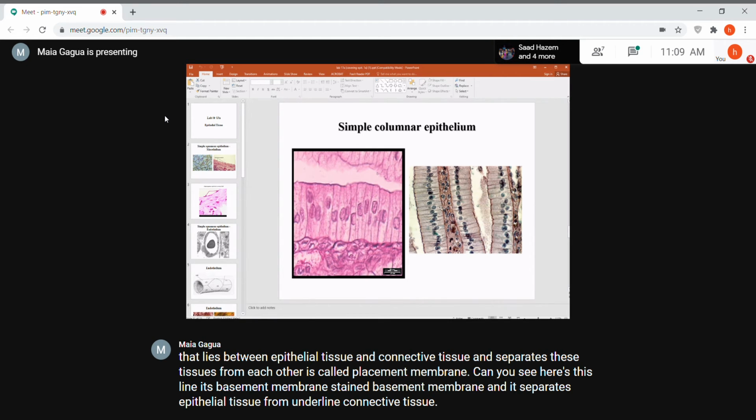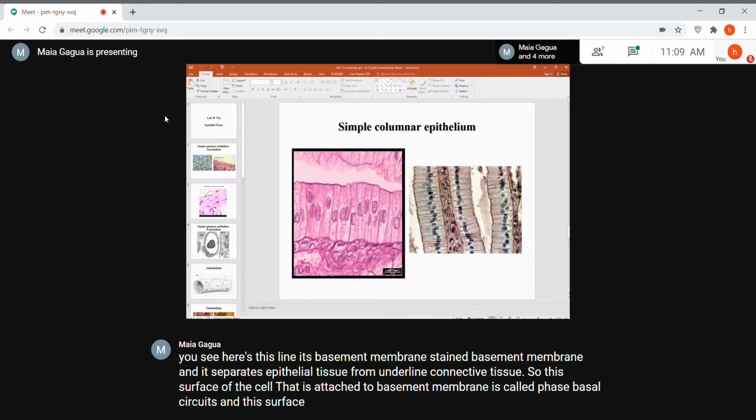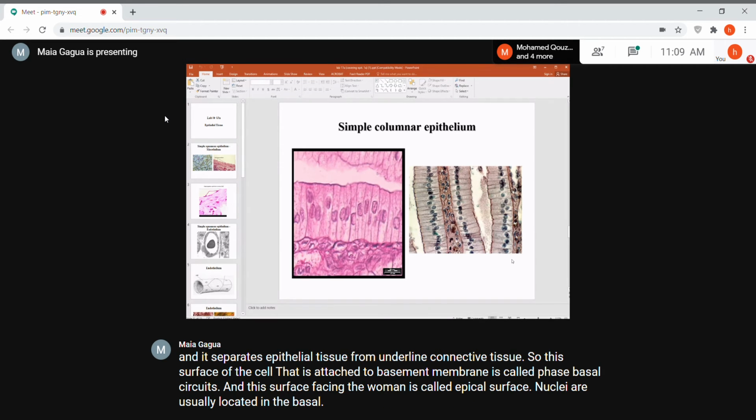So this surface of the cell that is attached to basement membrane is called basal surface, and this surface facing the lumen is called apical surface. Nuclei are usually located in the basal region of the cell.